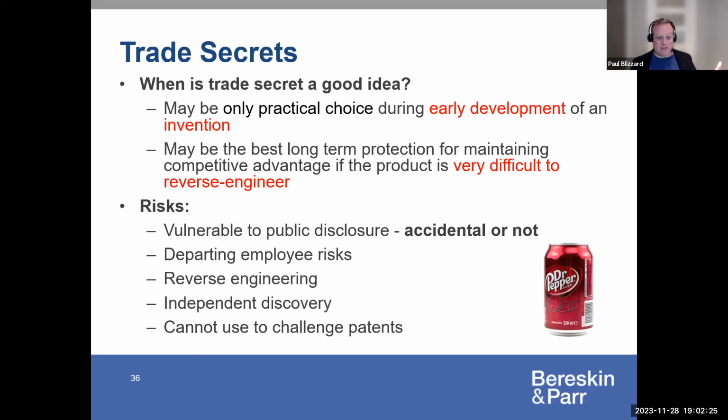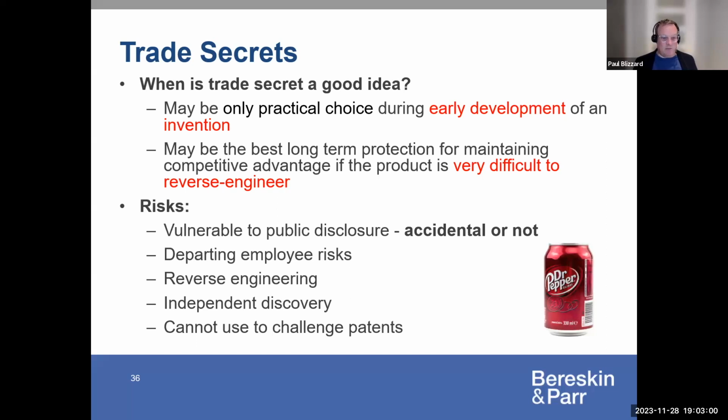With some products like Coca-Cola, you can use a gas chromatograph or whatever to get an idea of the composition of the different molecules inside the drink, but it may not provide you any information about how it was made in a commercially viable way. So in situations like that, trade secret protection is actually very viable, but your situation may vary.